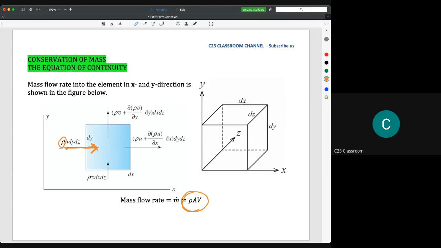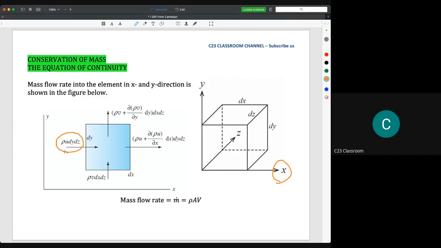The cross-sectional area A here is actually dy times dz, because dy is the height and dz is the width, so multiplying these gives us an area. As we learned in the previous slide, the velocity in the x direction is u. So we could write the mass flow rate here as rho u dy dz.